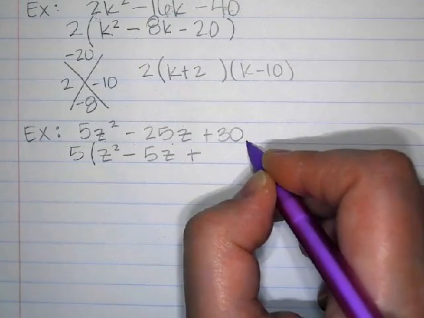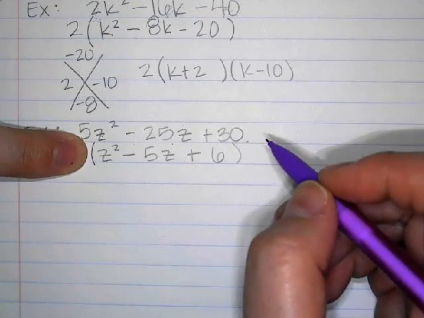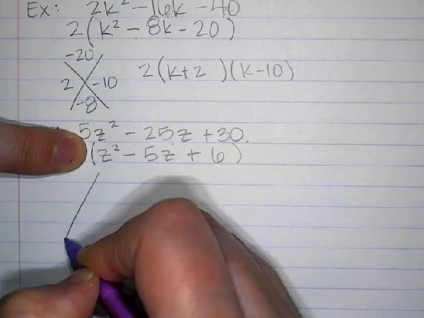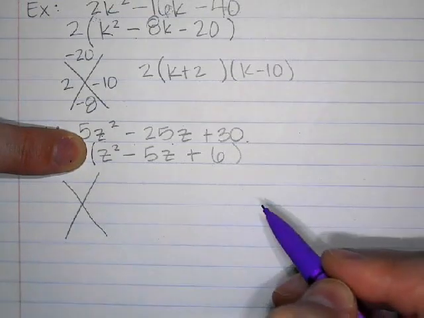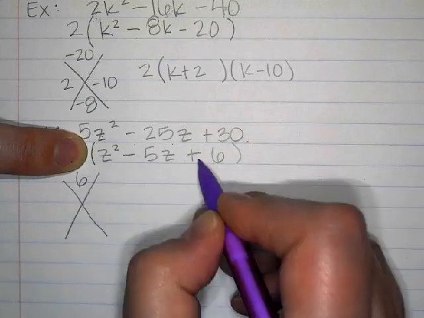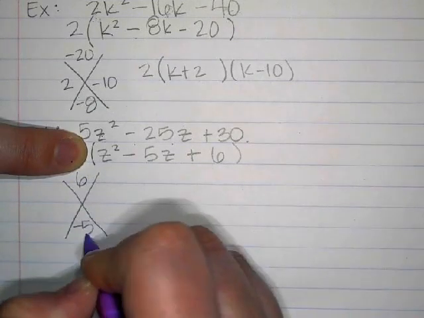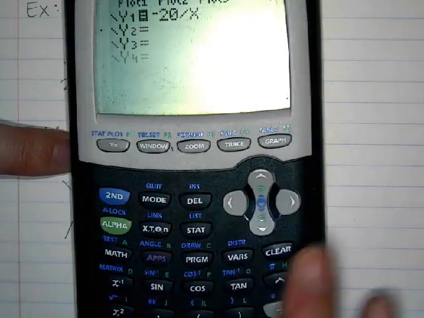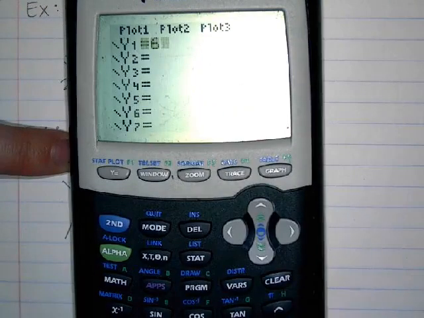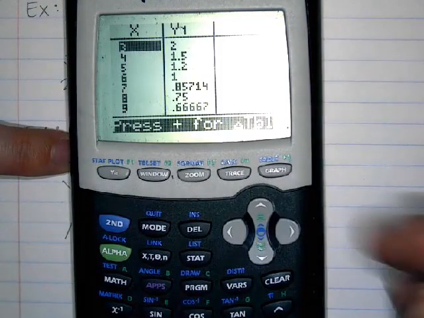So now we're going to look for what multiplies to 6 and adds to negative 5. Okay, multiplies to 6, adds to negative 2 and negative 3.